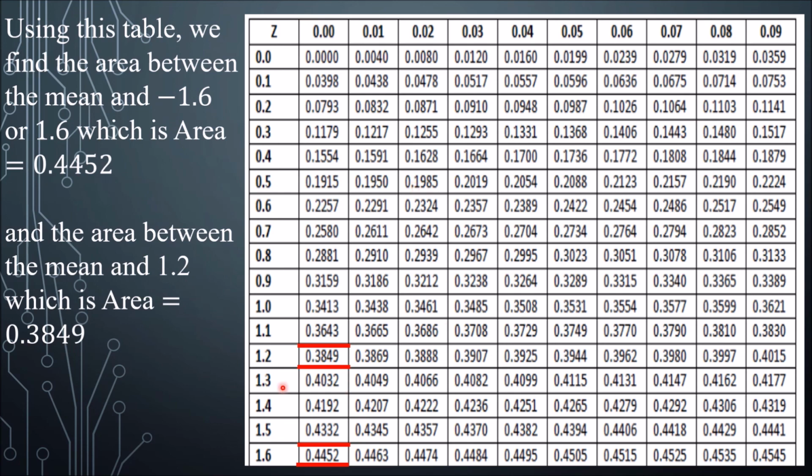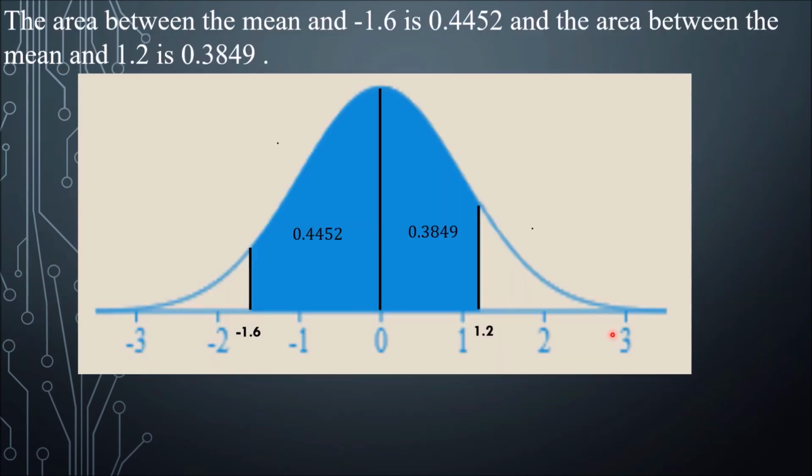Using the table, negative 1.6 is the same as 1.6. So 1.6 first is 0.4452. And then 1.2 is 0.3849. Plotting that in our graph, we have 0.4452 between 0 and negative 1.6, and then 0.3849 between 0 and 1.2.